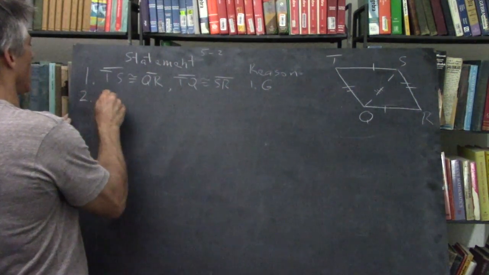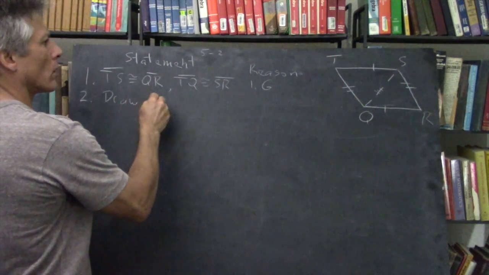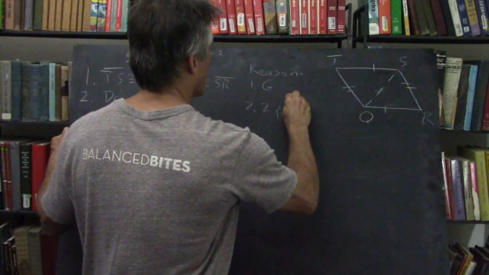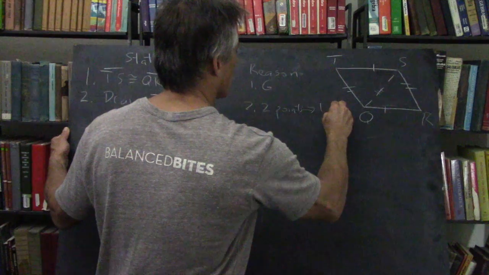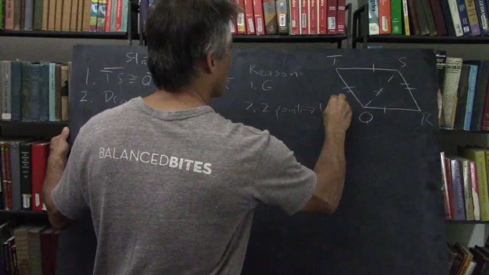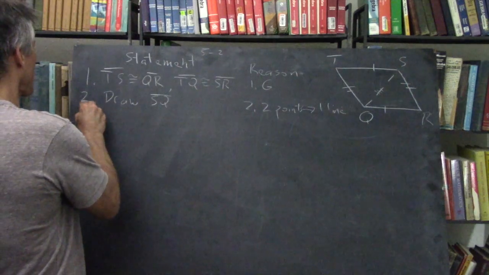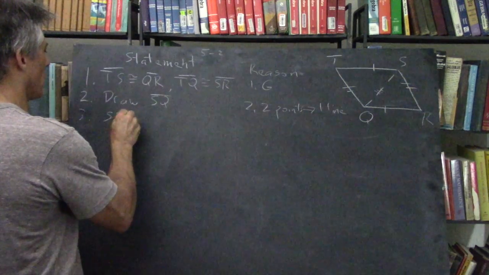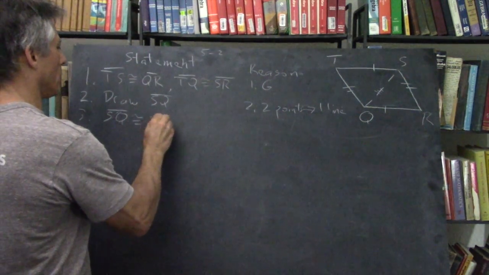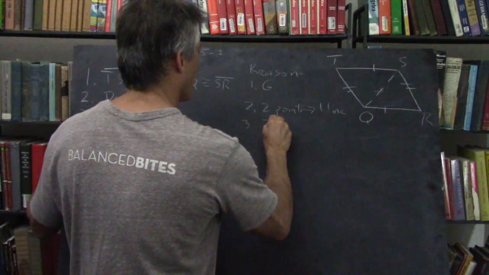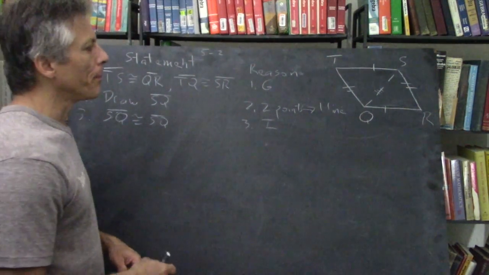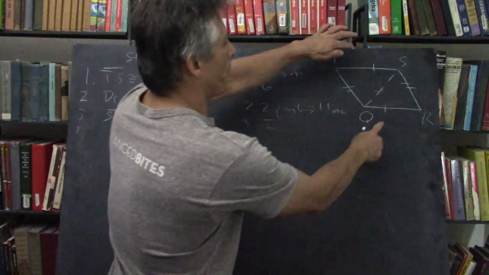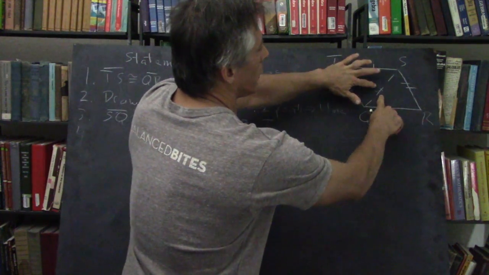So 2 points determine one line, but we know SQ is congruent to itself by identity. And then, as we said, we've got a pair of sides, another pair of sides, and then this is in both triangles.